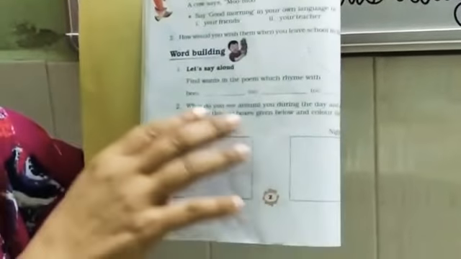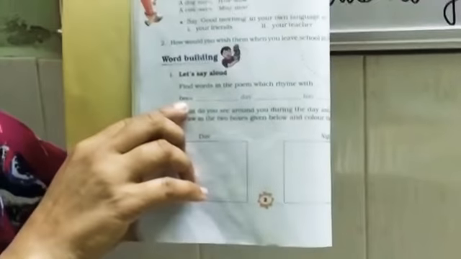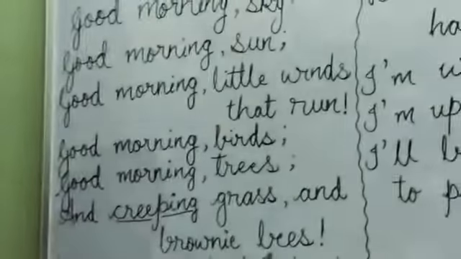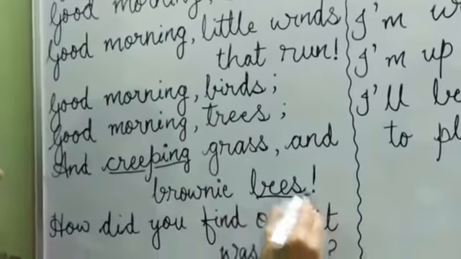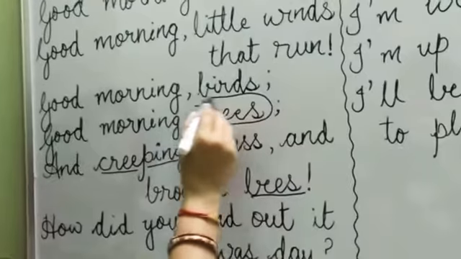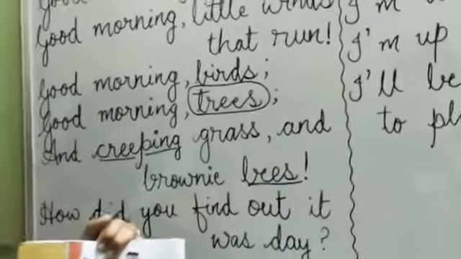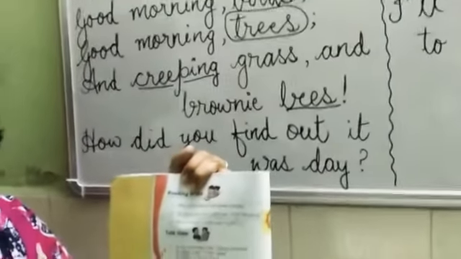Now come to the next part, that is word building. Find words in the poem which rhyme with. So you have to find the rhyming words from the poem. First word is bees, and the rhyming word for bees is trees. Okay, this is the rhyming word bees, trees. Rhyming words means which have the same sound.